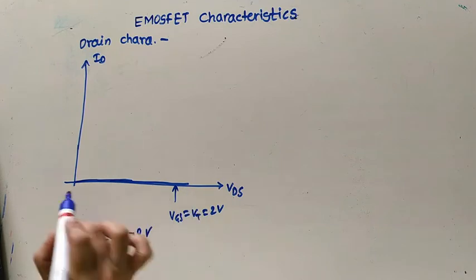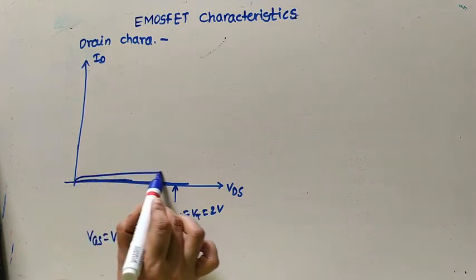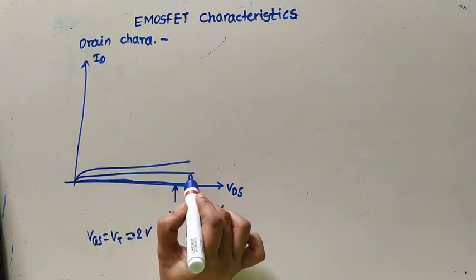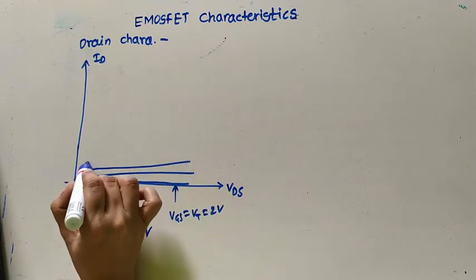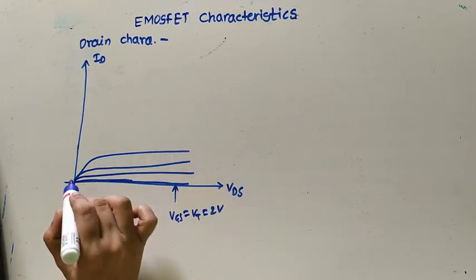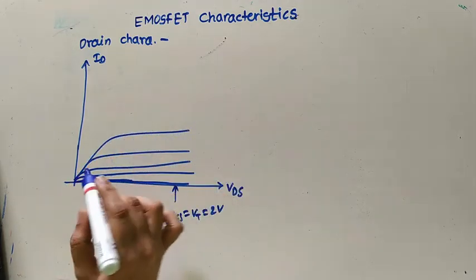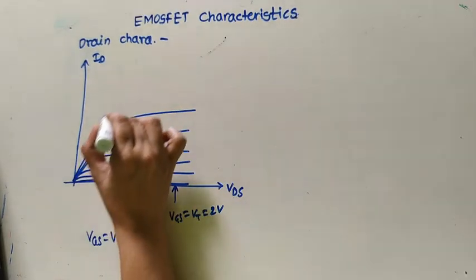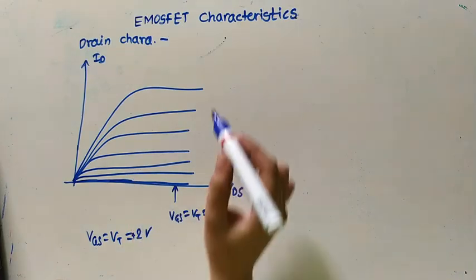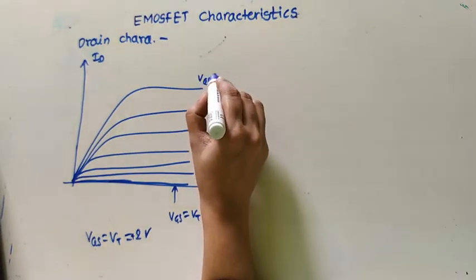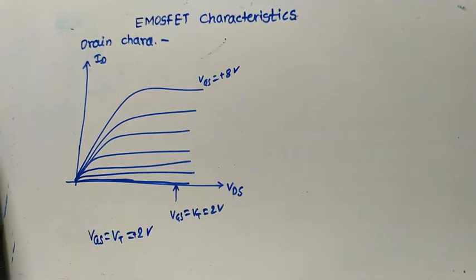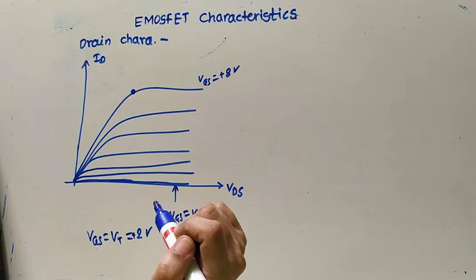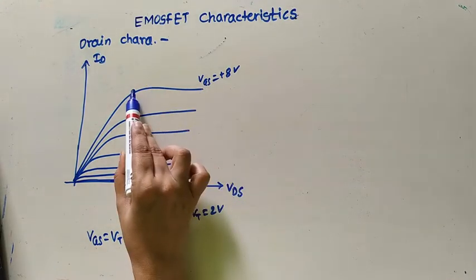If we increase this further, again it will increase up to like this, for 3 volt, 4 volt, 5 volt, 6 volt, 7 volt, and for 8 volt. This is when VGS is equal to plus 8 volt, and this point is called VDS sat for this curve.